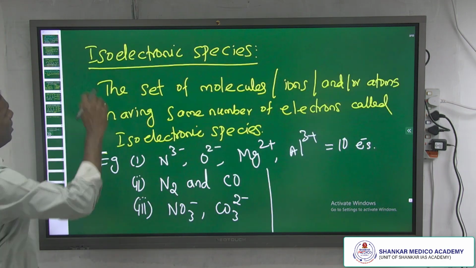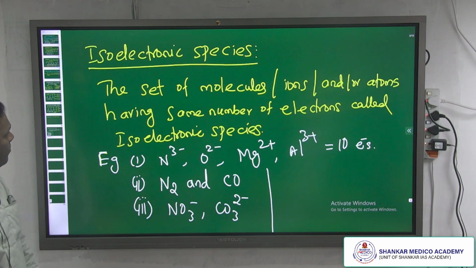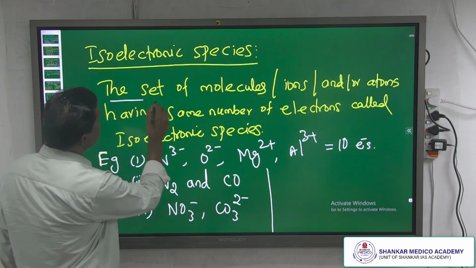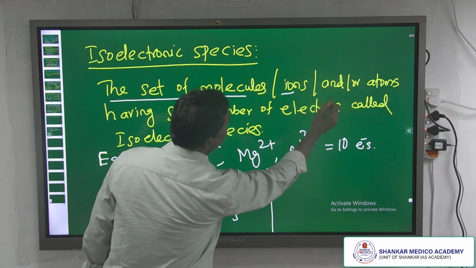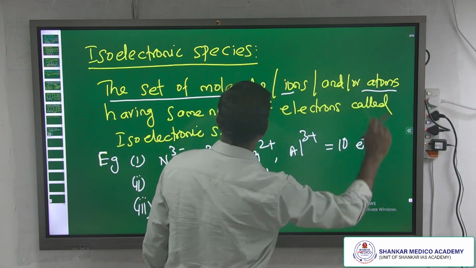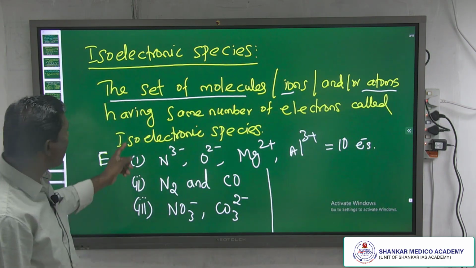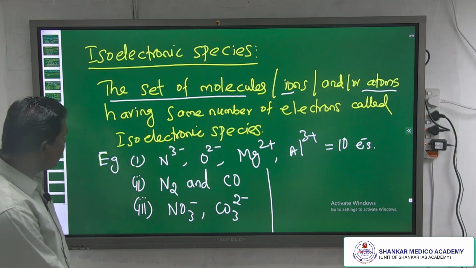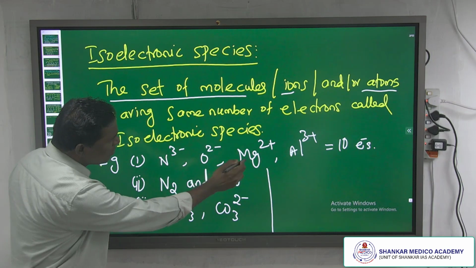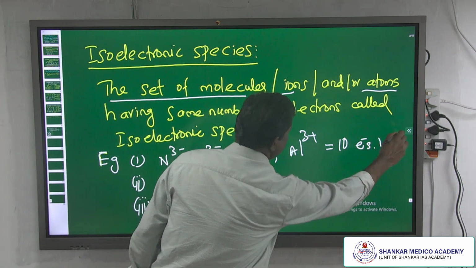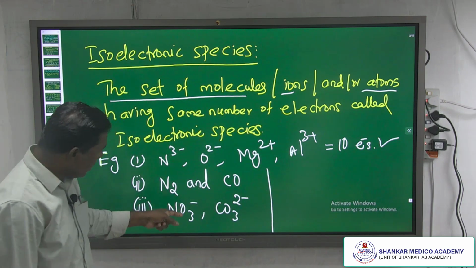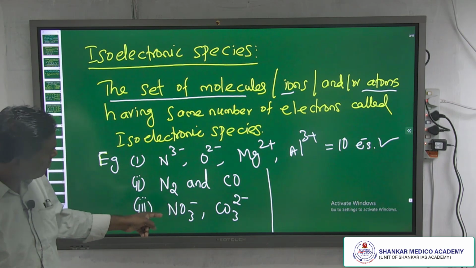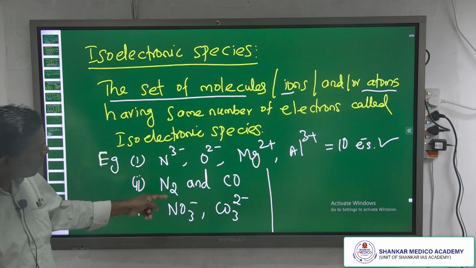Isoelectronic species: a set of molecules or ions or atoms, whatever, having the same number of electrons are called isoelectronic species. For example, N3 minus, O2 minus, Mg2 plus, these are one kind of set, 10 electrons. And if we come to molecules, nitrogen is a molecule, carbon monoxide is a molecule.